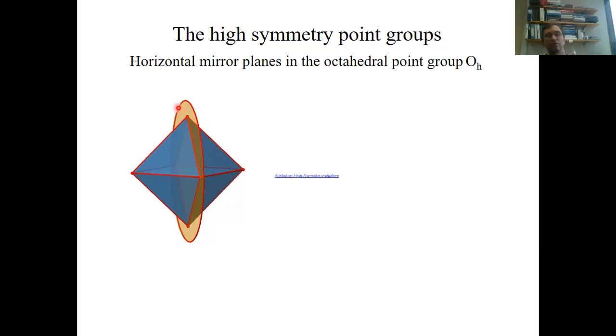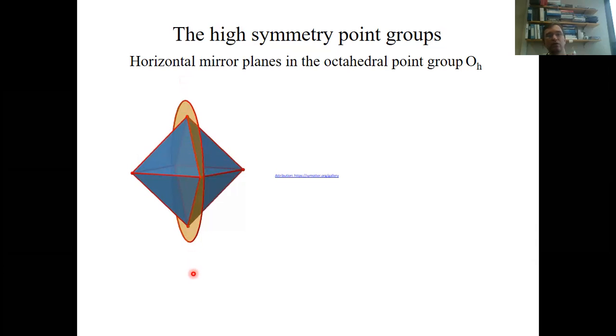Now this mirror plane here stands perpendicular to the principal axis that goes through these 2 opposite vertices, and that makes this mirror plane a horizontal mirror plane. It stands horizontal to a principal axis. Note that it actually also contains a principal axis, which is here.